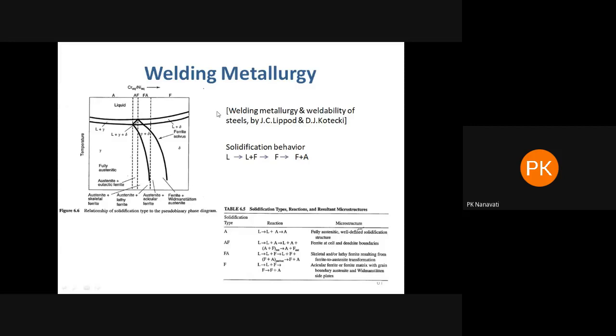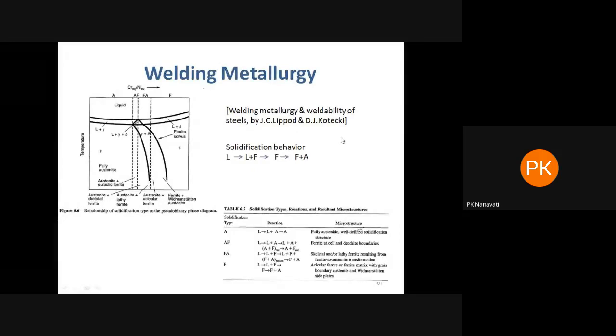So your austenitic stainless steel can undergo solidification out of the first three, any of the first three. Your solidified austenitic stainless steel can either solidify as fully austenitic steel, or it can solidify as ferritic plus austenitic stainless steel. So which solidification mode is better, right?